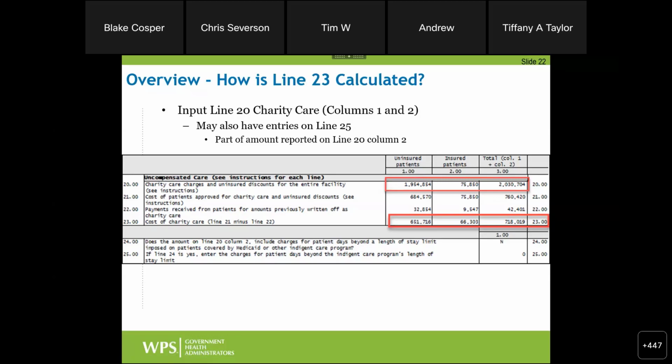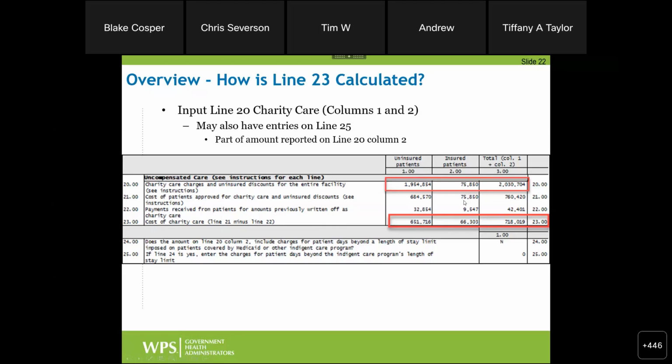In other words, they'd say, hey, patient, thanks for the payment, but you didn't need to make that payment. We already wrote that account off for charity care. If they refunded it, then that really means that line 22 should be zero all the time. And we do see that quite frequently, that it's not supposed to be a high amount. It would almost seem unusual if it was a high amount. So that offsets the amount of charity care that ultimately flows down.